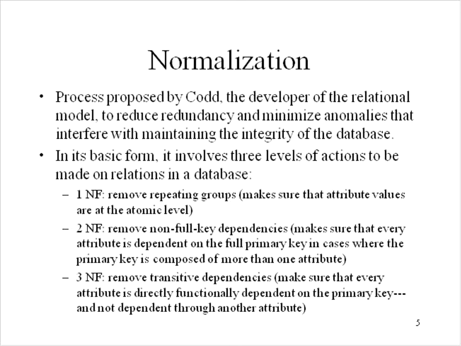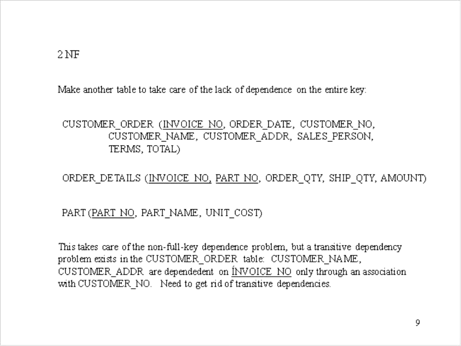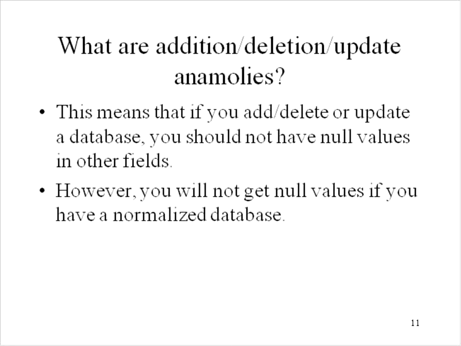Every attribute should be dependent on only the primary key, and that is the third normal form. There are a few examples that I'm going to let you read over, but I just wanted to give you a very brief description of what the normal forms are.